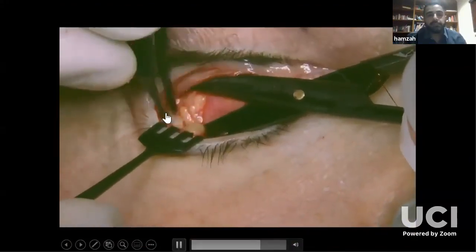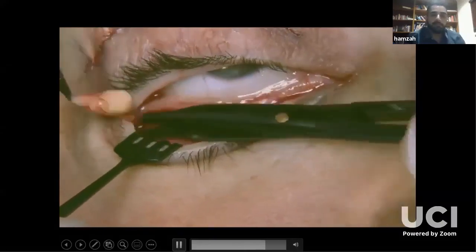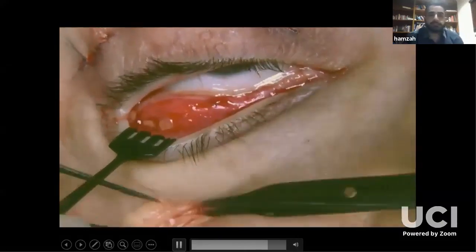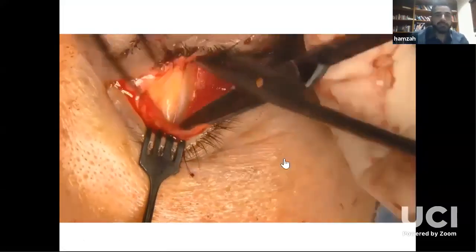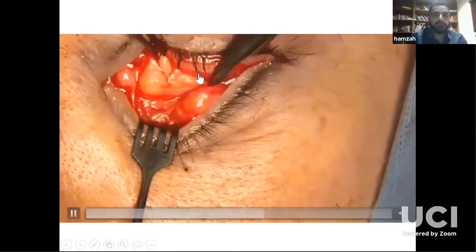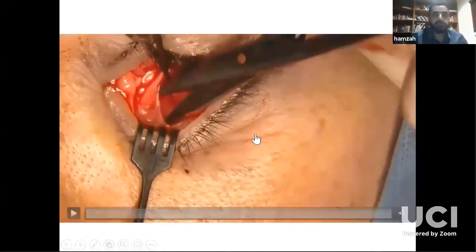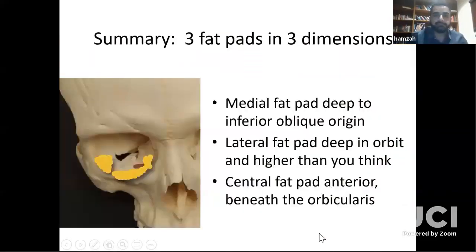And so there's the lateral fat pocket prolapsing, and then this can also be trimmed as necessary. Dissection of the central fat pocket using the anterior-posterior dissection technique just on the orbital rim exposes that pocket.